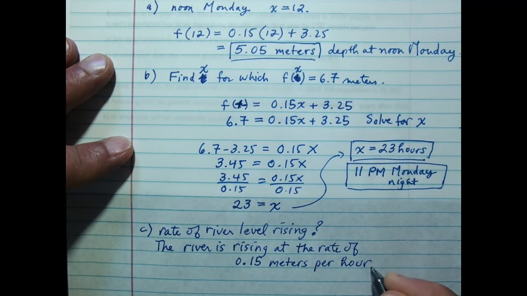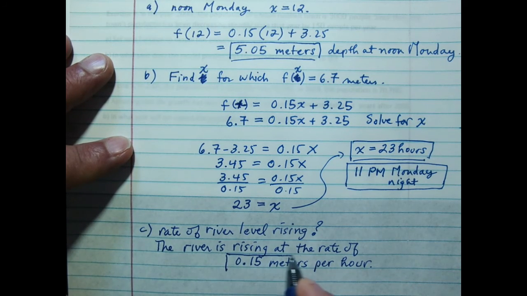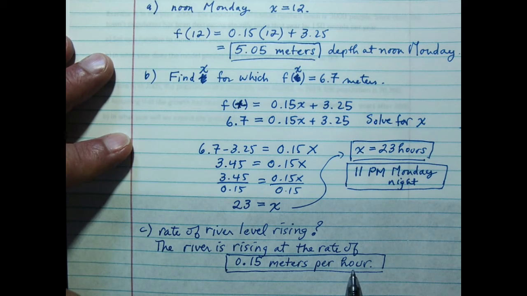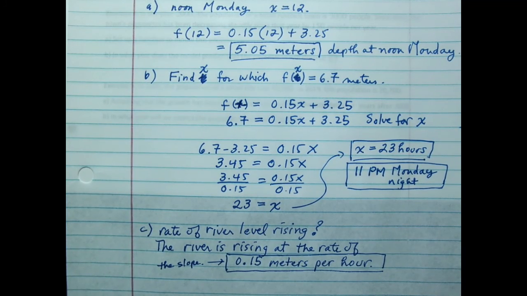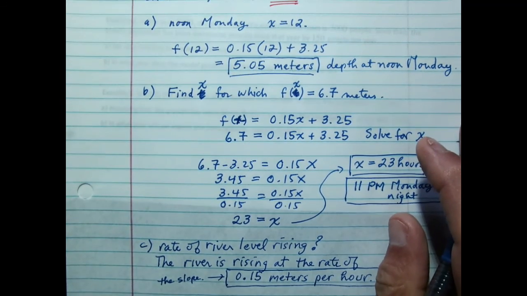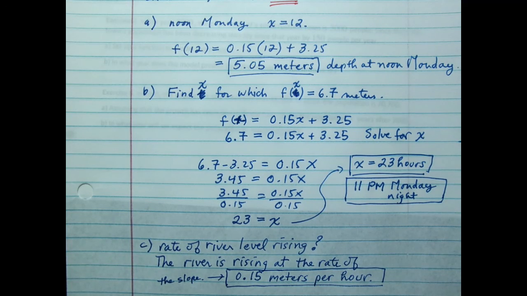A rate will always have units that are something per something else, and it's always going to be output units per input units. So output units in meters per input units of hours. So it's just the slope of the linear function. Okay, so I'm just going to stop number 2, and we'll do a separate video for exercise 3.